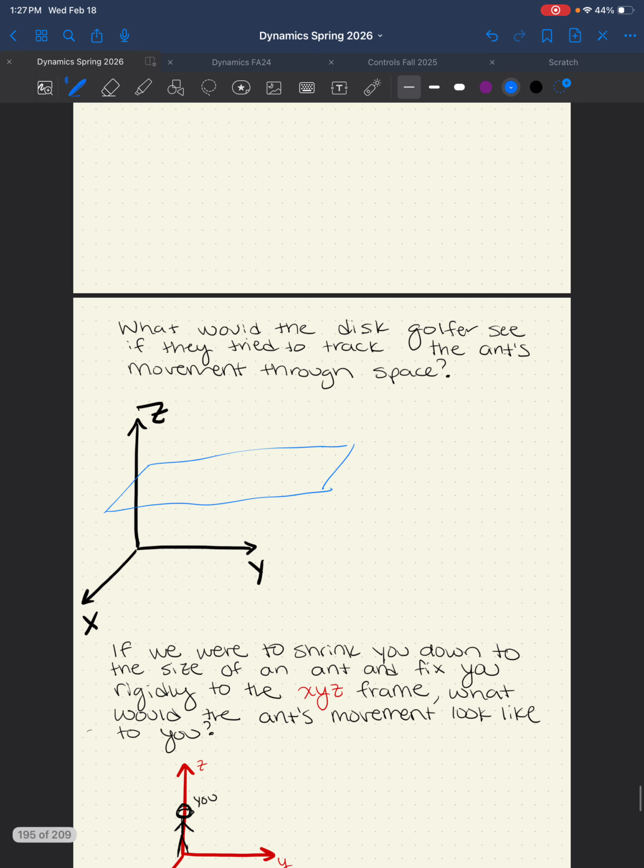Okay, so the Frisbee is moving straight across, and the Frisbee is rotating, and the ant is getting closer and farther away from that center of rotation. Okay, so when it's out towards the edge of the disc, it's going to rotate in big circles. As it gets into the center, it's going to get in smaller circles, and then he's going to turn around. He's going to start going in bigger circles again, and smaller and bigger, okay?